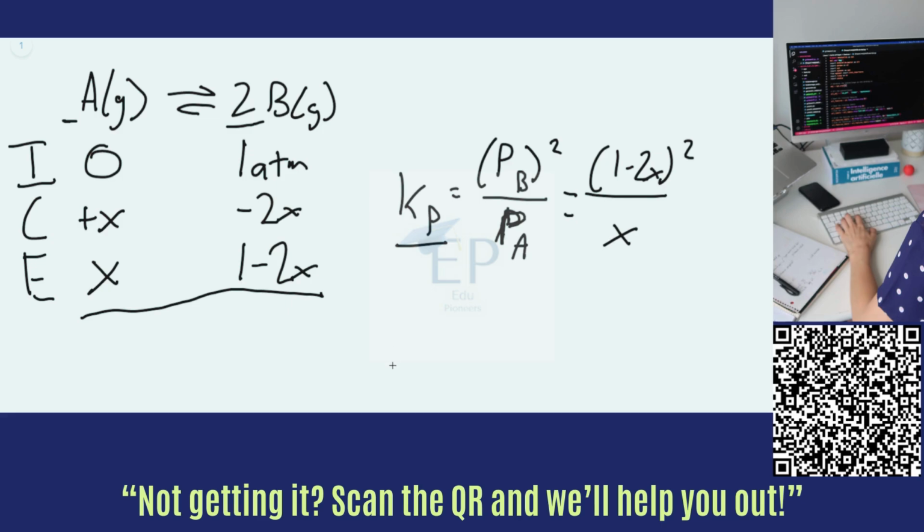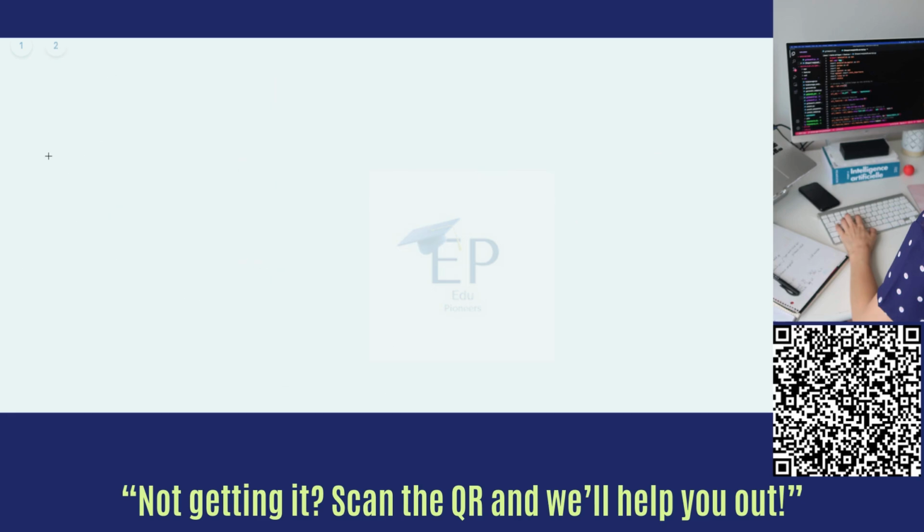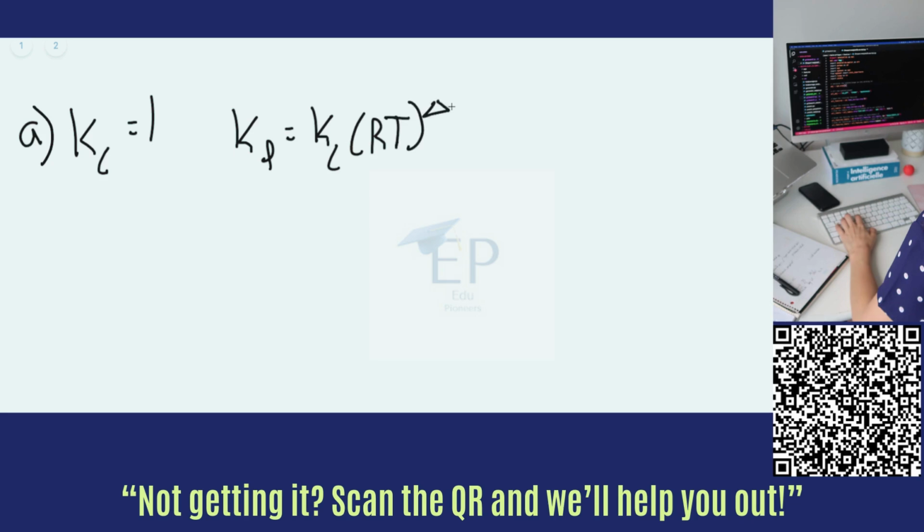And so how we're going to determine that is I'll go to a new page. So for letter A, we're given a Kc value of 1. And so Kp is equal to Kc times RT to the delta n, which is the change in number of moles from products minus reactants. And so our Kc is 1.